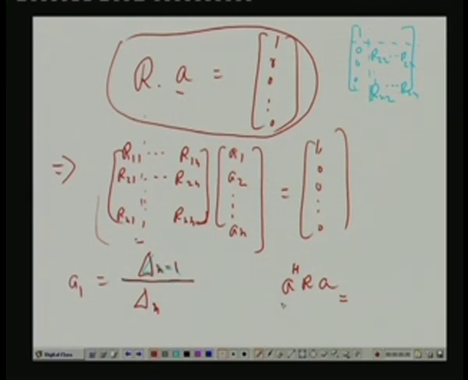If you now multiply the right hand side by A Hermitian, you get the first entry conjugated, A 1 star. But A 1 we have already seen is a real number, because the determinant of correlation matrices is real, as we have already seen. So, A 1 star is equivalent to A 1.